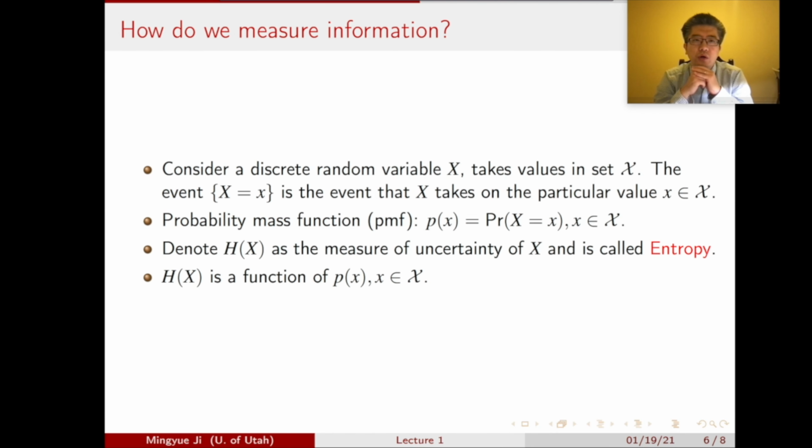The measure of information is the so-called entropy. Consider a discrete random variable X whose values are taken in a finite set, calligraphic X. In this case, we denote H(X) as the entropy. Although we write entropy as H of capital X, where X is a random variable, H(X) can be considered as a function of the probability mass function, or PMF.